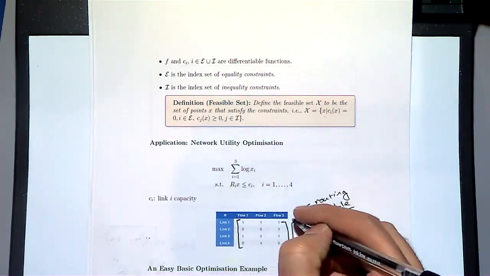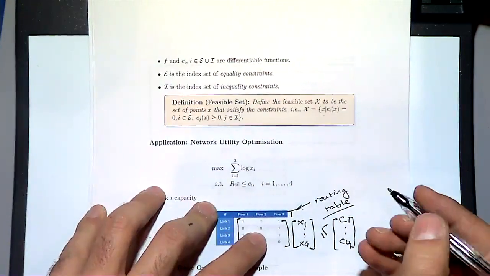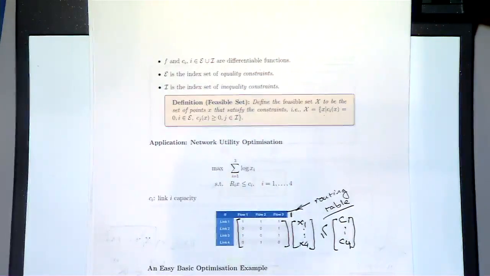Yeah, sorry, there's a transpose here. Yeah, there's a transpose there. Good point.